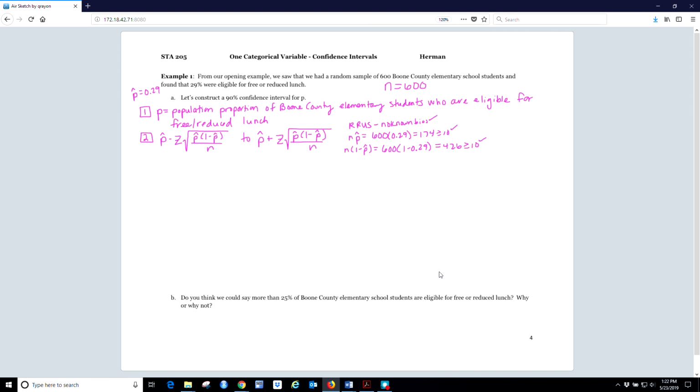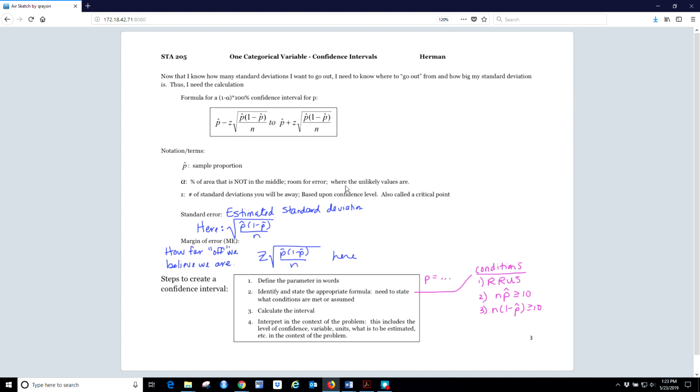So that's the first thing I write down for my step 3, our Z of 1.645. And again, how we're getting that is just based on that 90% confidence that shows up in the problem. Now I do have all of my numbers to plug into my formula.